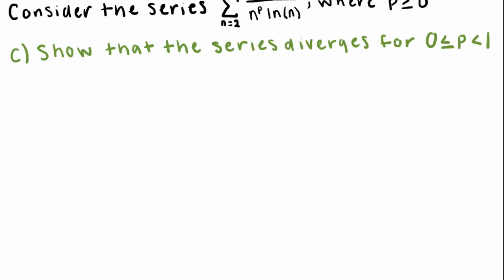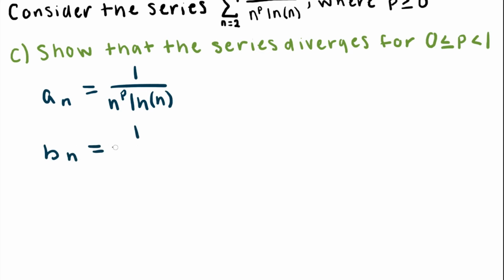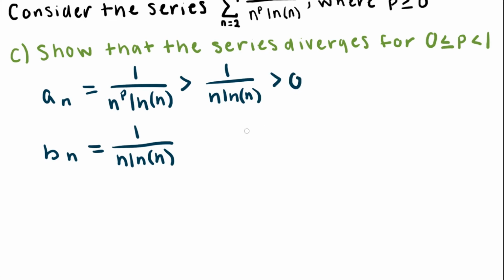For part C, show that the series diverges for 0 less than or equal to p less than 1. Again, our a of n is 1 over n to the p ln of n, and this time our b of n is 1 over n ln of n. So our a of n is greater than our b of n, which is greater than 0, and this diverges by the integral test.